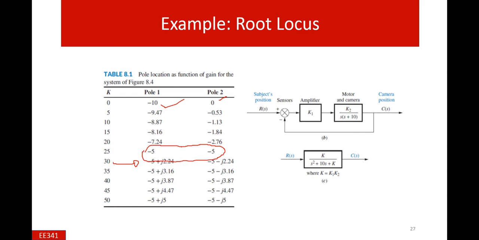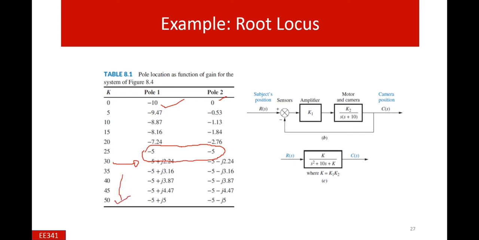This pair and this behavior is very important to understand the root locus. So this pair changes accordingly, and the lengths of these are equal if we manipulate these values and if we change the values of K.